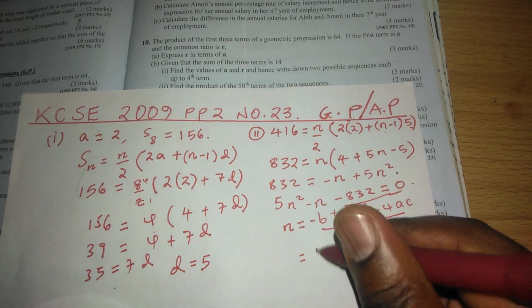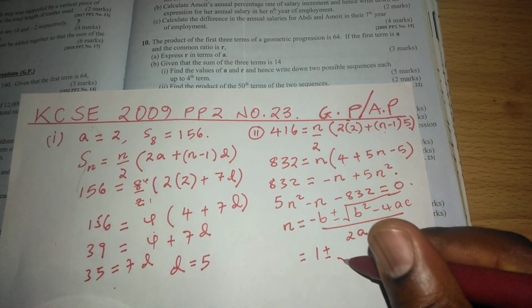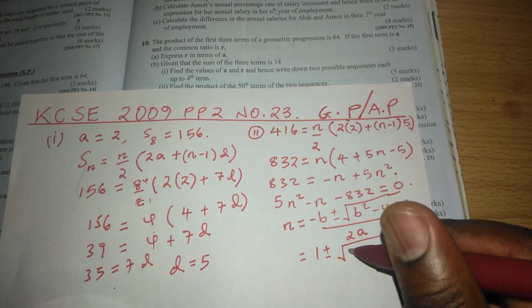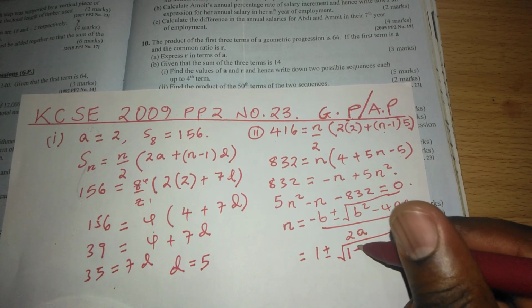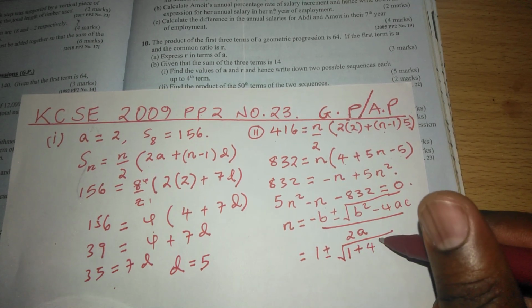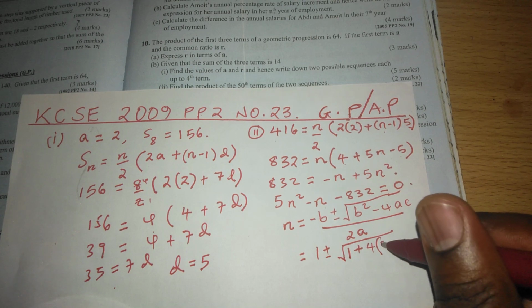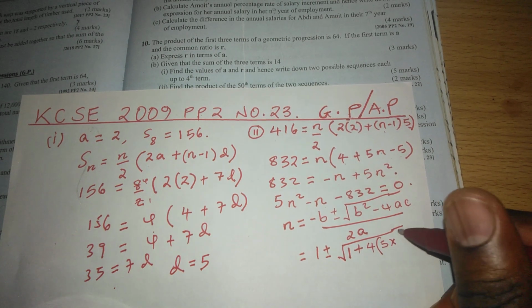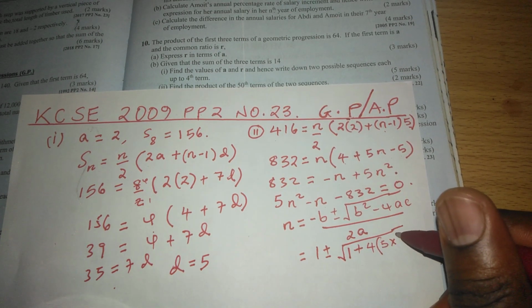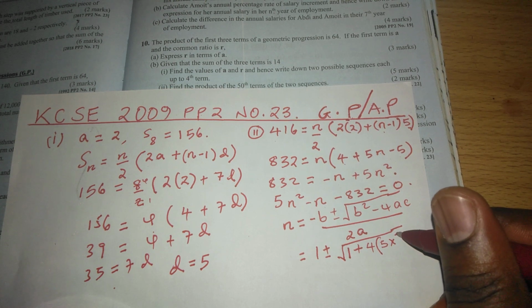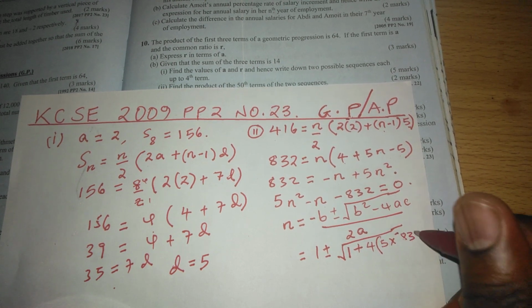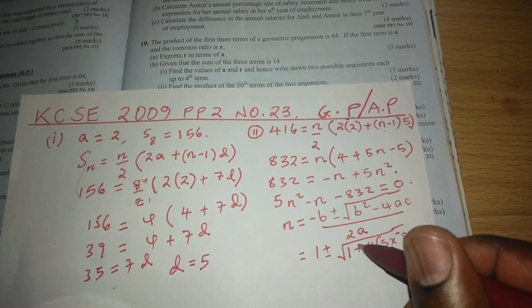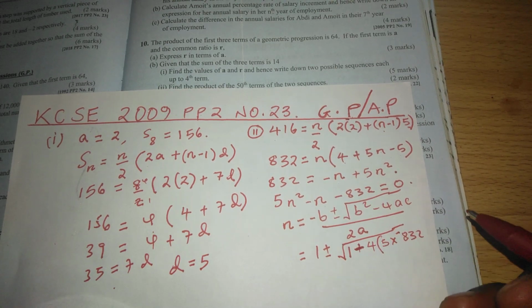negative 1 becomes a positive 1 plus or minus the square root of negative 1 squared becomes 1 plus 4 into a, which is 5, multiplied by c, which is a negative 832. It is very important to know that we should have a minus here. That is a minus.